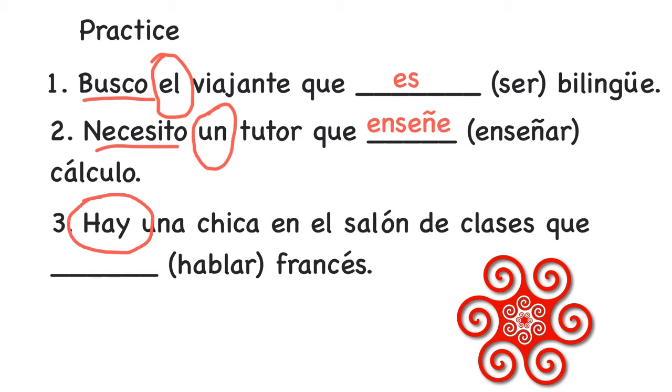It doesn't matter that the noun chica is accompanied by an indefinite article. As long as we have hay, there is a girl, we know that she exists. Therefore, we're going to conjugate it how? In the indicative. Okay. Hay una chica en el salón de clases que habla francés.